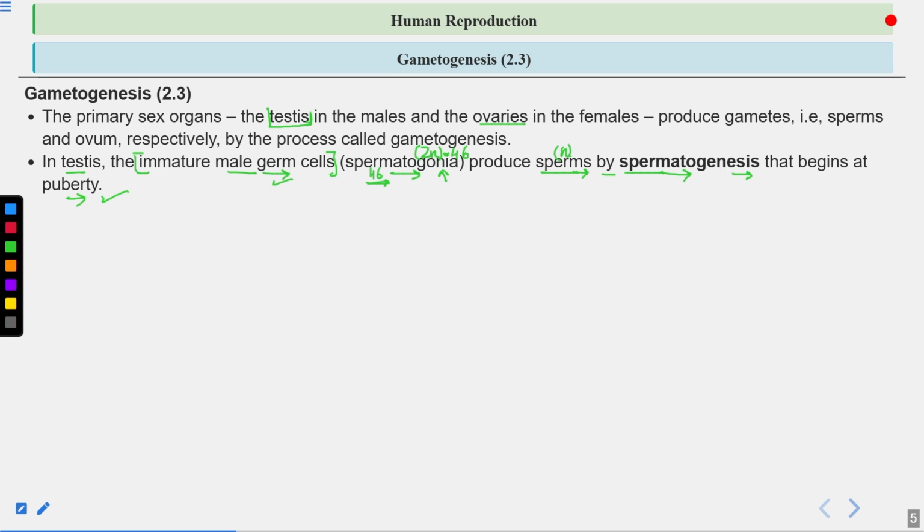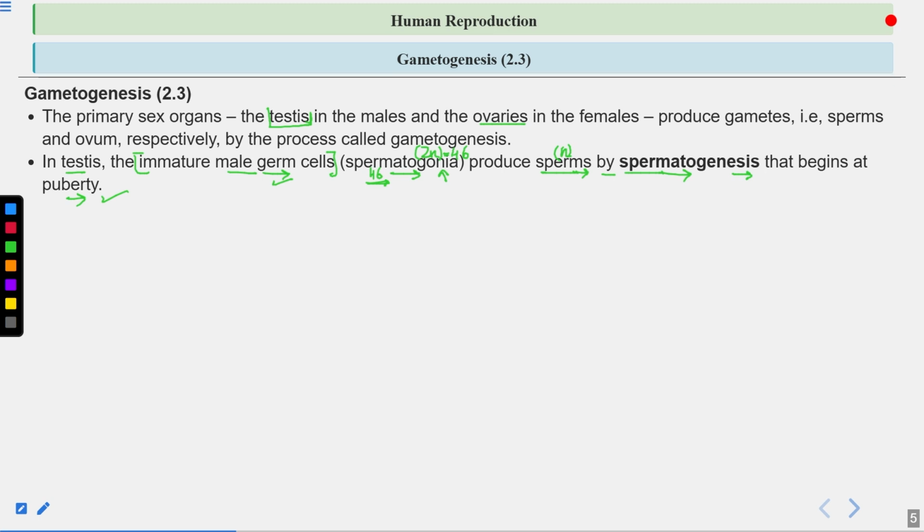Because at puberty, the primary sex organs, the testes, become active. They start producing the hormones, which are the androgens, male hormones, testosterone. And this testosterone helps to initiate spermatogenesis. Clear? So spermatogenesis begins at puberty.